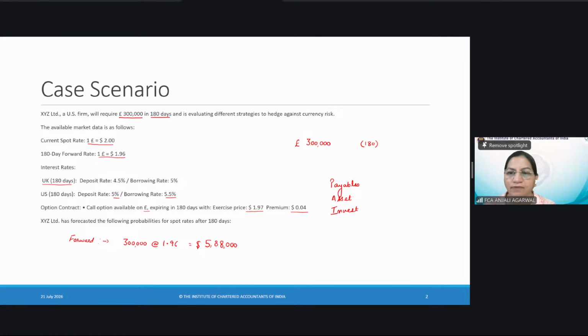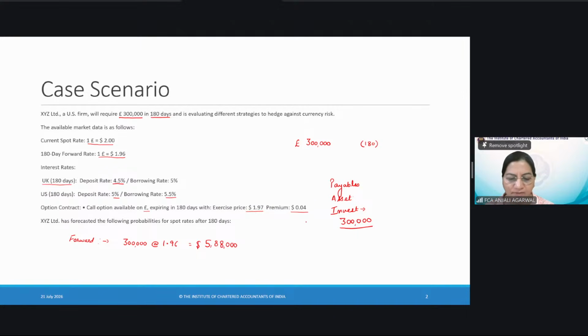So if we invest in such a way that we have exactly 300,000 pounds receivable after 180 days, we will invest the present value of 300,000 pounds in UK. The deposit rate in UK is 4.5% for 180 days. It's not per annum, it's for 180 days.